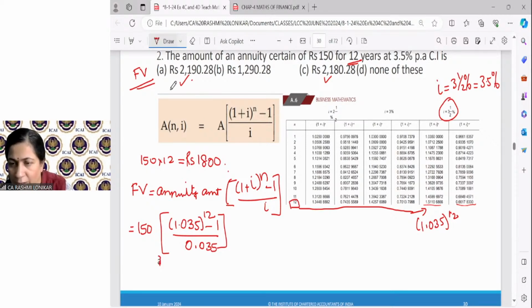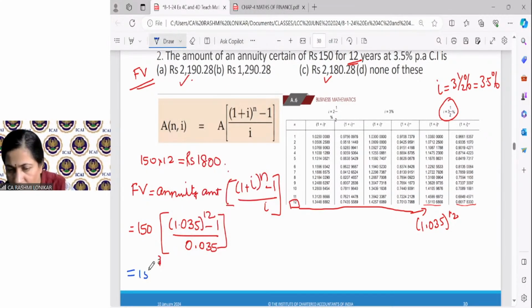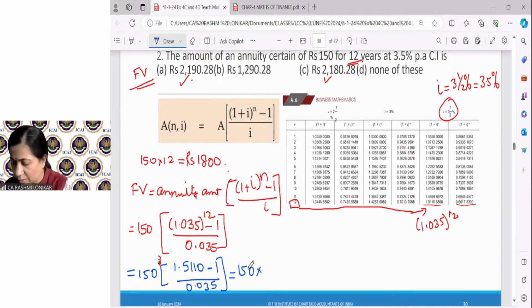So what do I get? This is equal to 150 into bracket 1.035 raised to 12, which is how much? 1.5111. 1.5110 minus 1 upon 0.035. This is equal to 150 into the bracket.